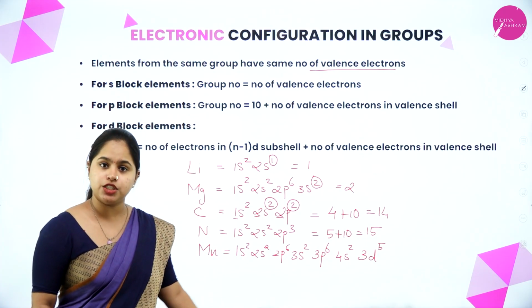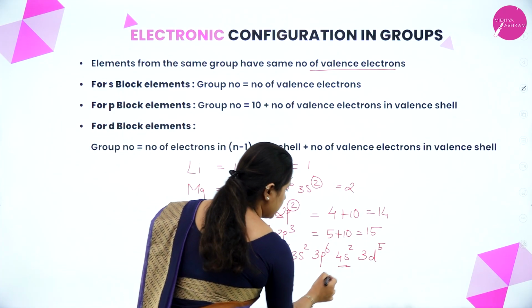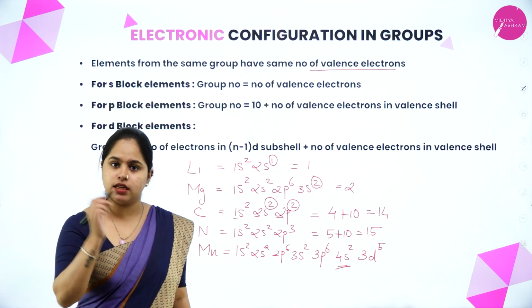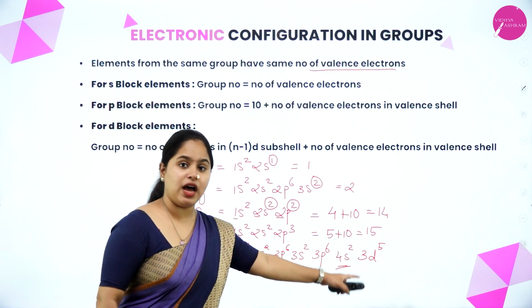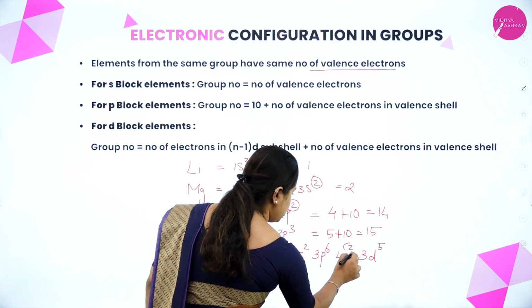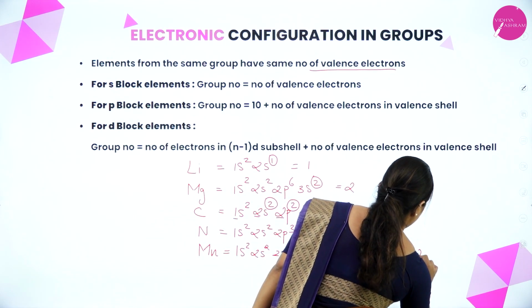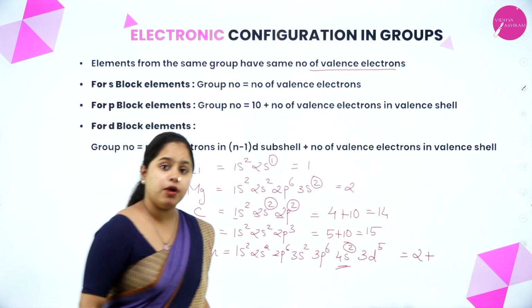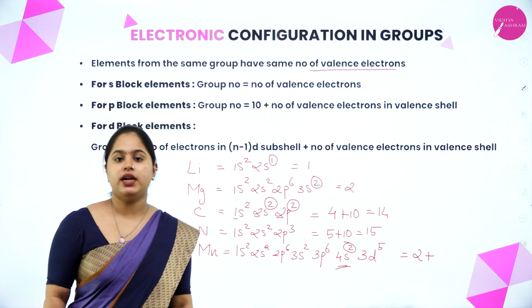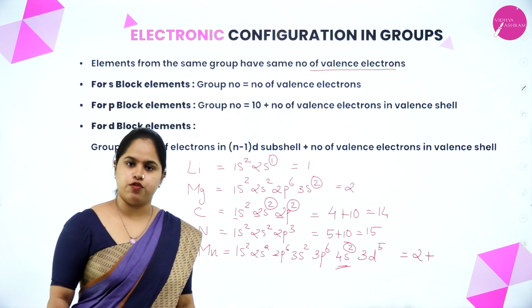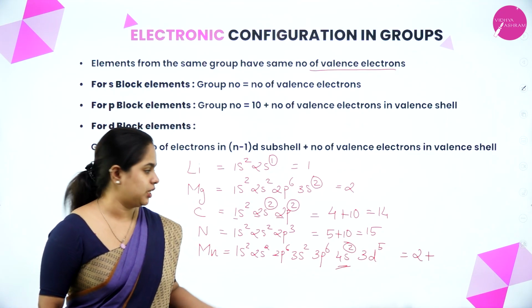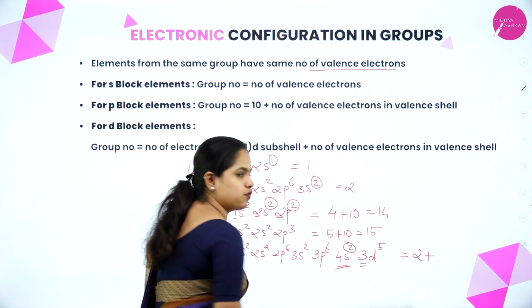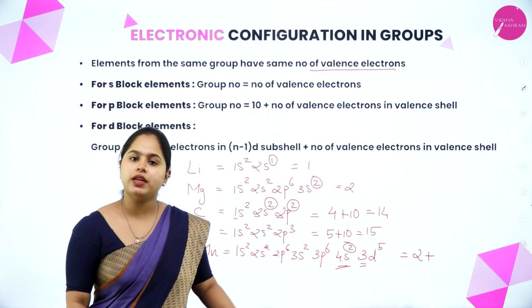Which is the valence shell here? It is 4s, that is 4. How many valence electrons are here? There are 2 valence electrons. 2 plus the number of electrons in the (n-1) d subshell. The n value is 4, so the (n-1) d subshell is 3d. How many electrons are there in 3d?